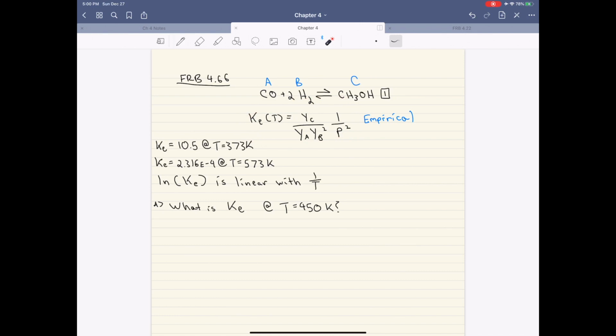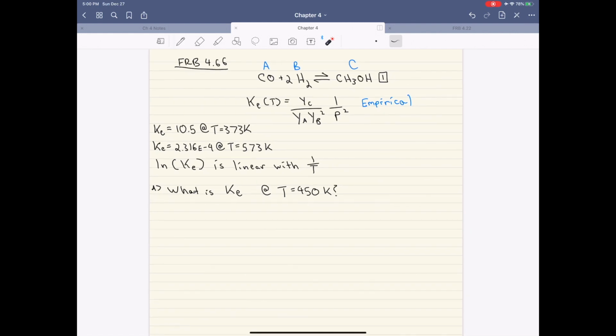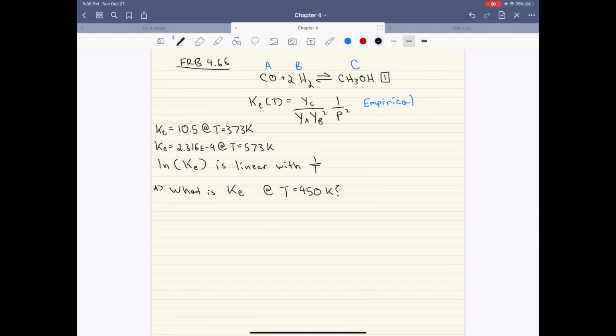According to the text, this relationship is an empirical relationship, determined based on doing experiments. I also wrote down the equilibrium constant values at the two different temperatures, and that the natural log of this equilibrium constant obeys a linear relationship with the reciprocal of temperature. Let's start approaching this problem step by step.